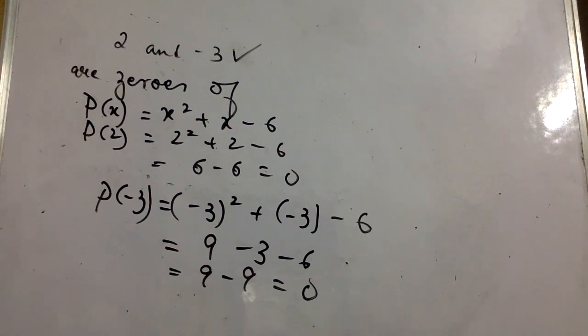Okay, so this is it for today. So that was zeros of a polynomial, and if you are still finding some tougher questions on zeros of a polynomial, you can post them in the comment section. In the next video we shall be taking up more on polynomials.